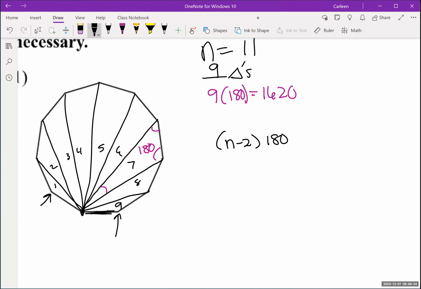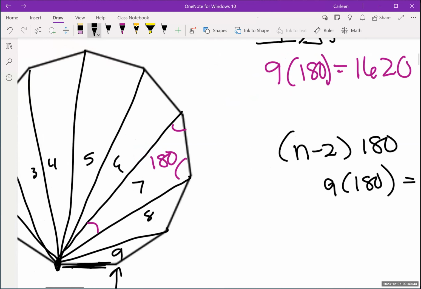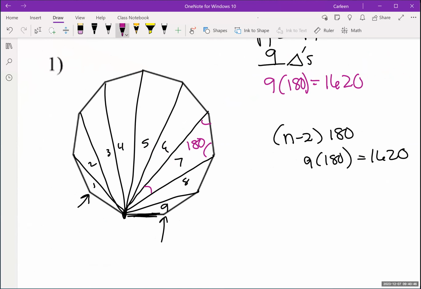So you have 2 fewer triangles than sides. n is 11, so we would take 11 minus 2 is 9 times 180. That gives you the sum of the interior angles of a polygon. Okay, so an interior angle.